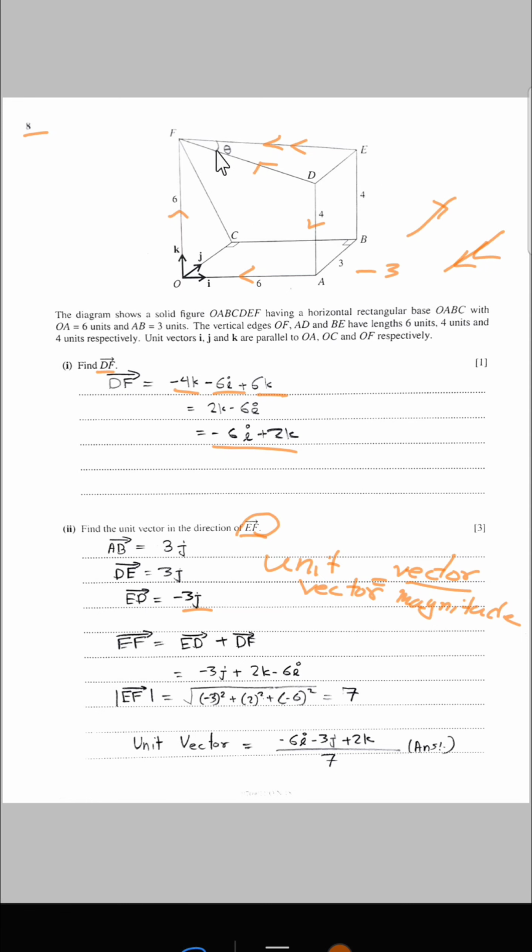Then EF would be ED plus DF, that is an expression in terms of i, j and k, that is negative 6i, negative 3j and 2k.